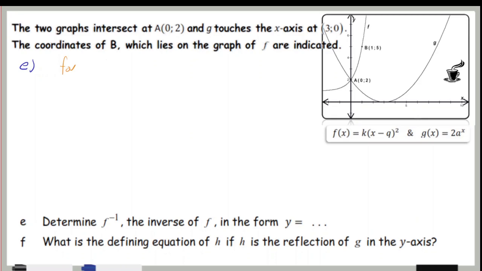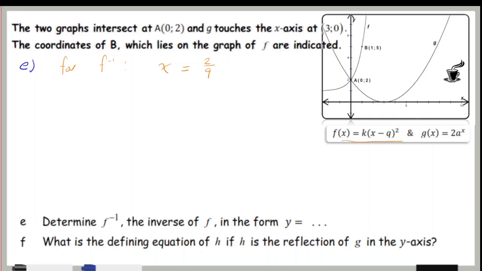For the inverse of f, we'll have x being equal to, a few moments later, x being equal to 2 over 9, because we're taking this f.